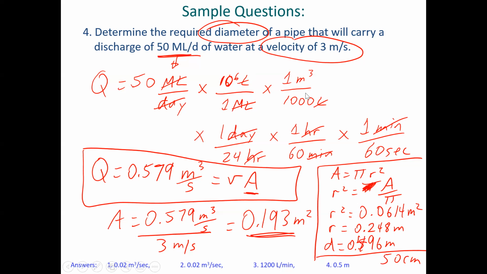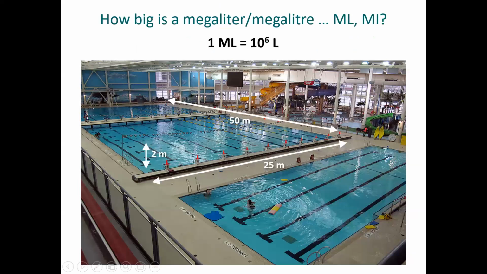So a couple other things about this. The first thing that you may be wondering is, how big is a megaliter, right? So this is the pool at Mac Island. I'm looking at the big pool over here.